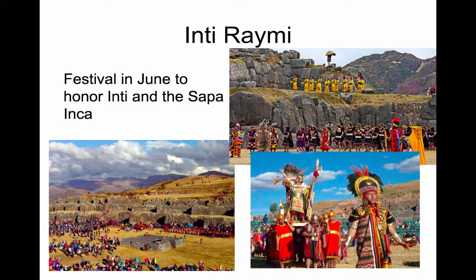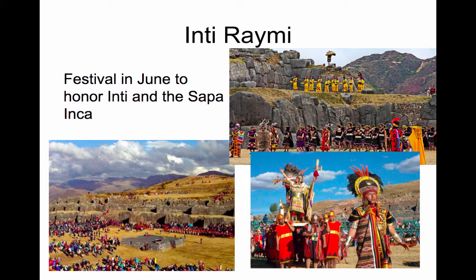So I mentioned that Pachacuti started the Inti Raymi, which is a huge festival that honors the sun. And these are photographs of the Inti Raymi today. They recreate the Inti Raymi every year in June. And while they don't do all the things that they used to do, because it would include sacrifice of animals, so they skip that part.